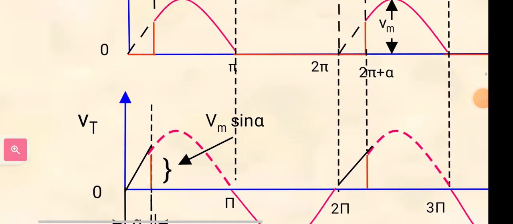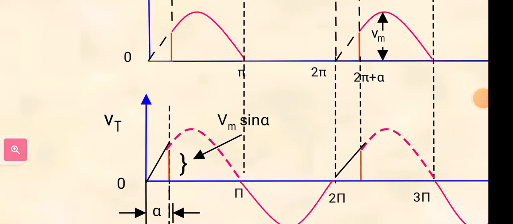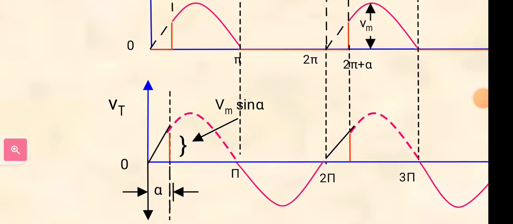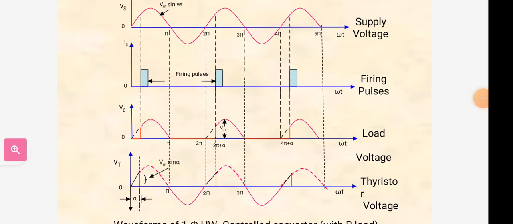So in the output voltage, the negative waveform is nil, but in the terminal voltage the negative waveform will be formed. So these are the waveforms for the single phase half wave converter with R load.